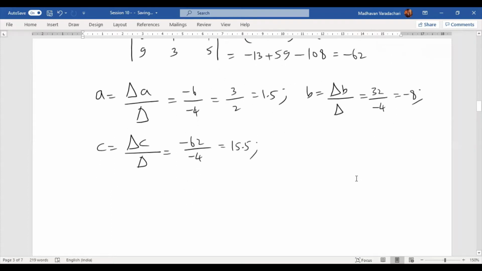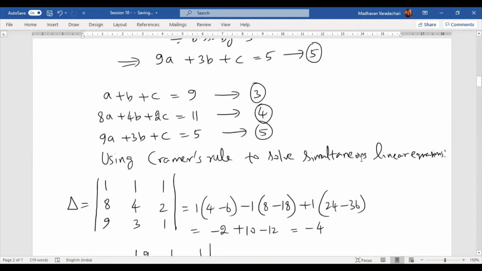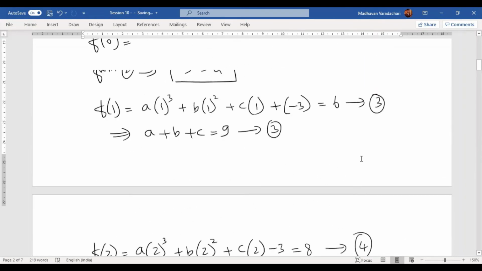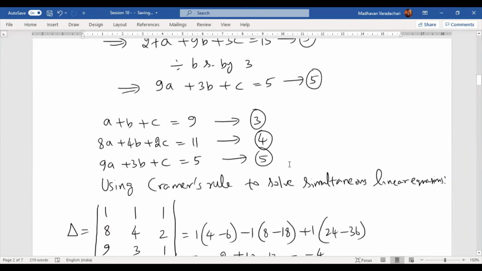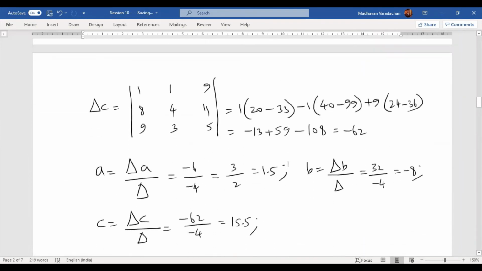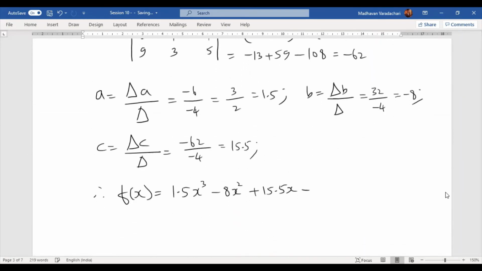So therefore, I can say our f of x is equal to ax cube plus bx square plus cx, and then finally plus d. a is 1.5, so 1.5 x cube. b is minus 8, so minus 8 x square, plus c x. d we already evaluated in the beginning. d is minus 3.